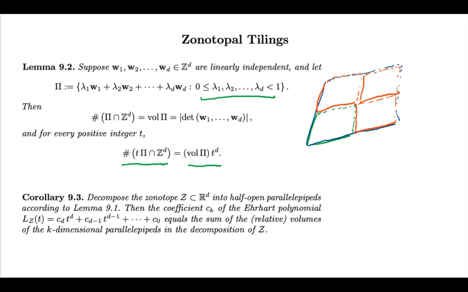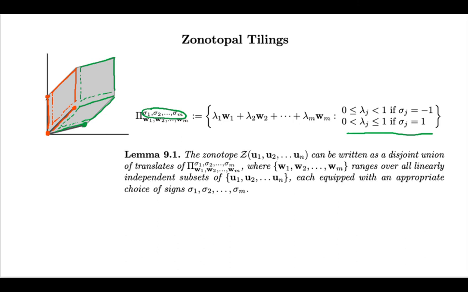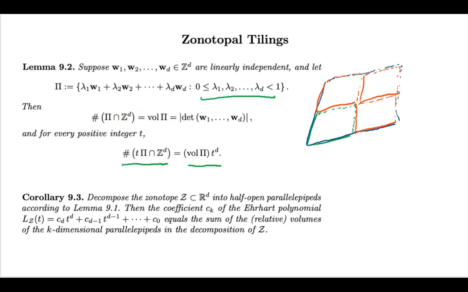Remember, in our tiling, we had parallelepipeds of all dimensions. So for example, there's one zero-dimensional parallelepiped with relative volume 1, that will be the constant term. But what we're now saying is that all different dimensions of parallelepipeds give a contribution to the corresponding term in the Ehrhart polynomial. In the next video, we will refine this result and give a quite concrete formula for the Ehrhart polynomial of a lattice zonotope.